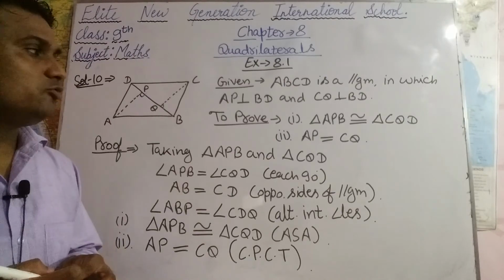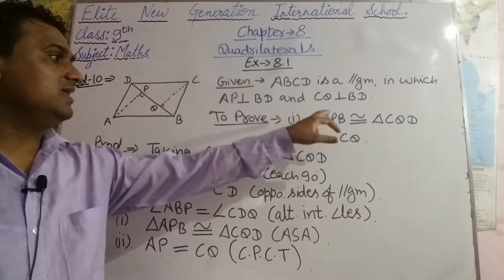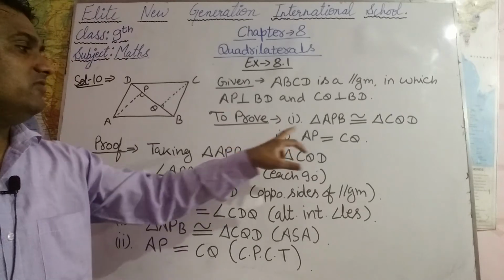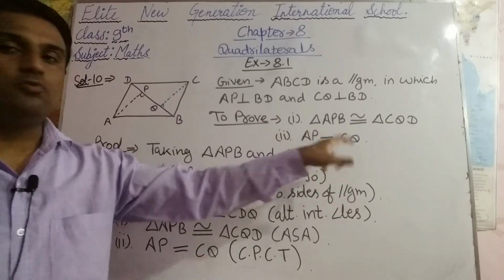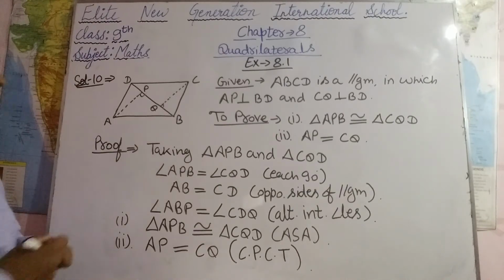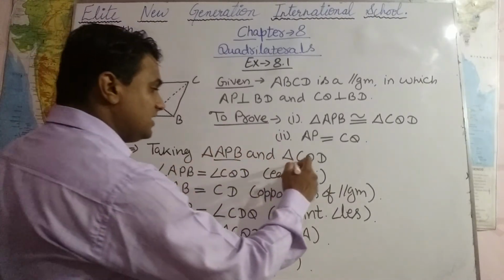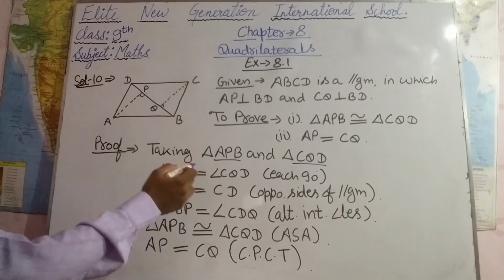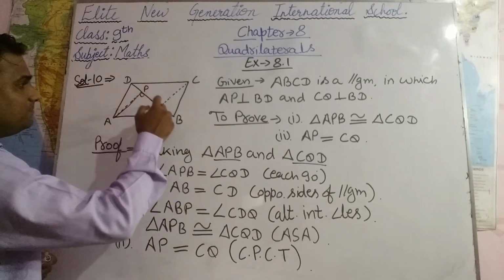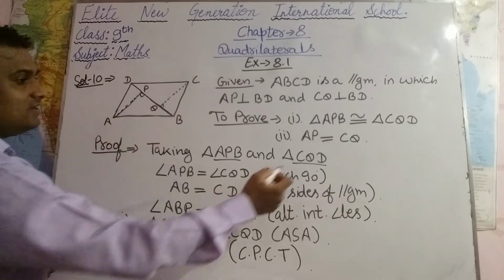Here we have to prove first that triangle APB is congruent to triangle CQD, and second that AP equals CQ. Proof: taking triangle APB and triangle CQD.